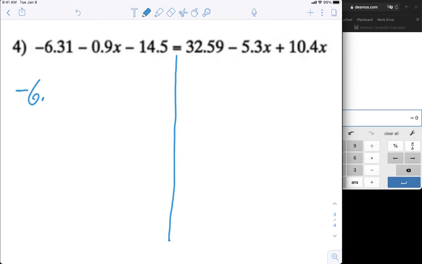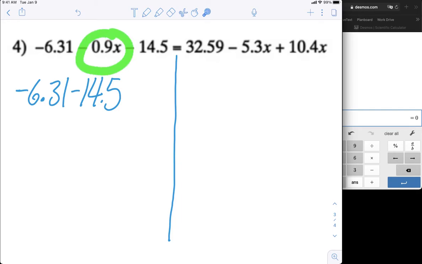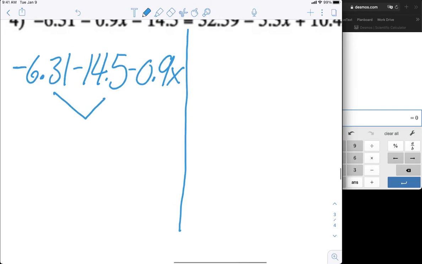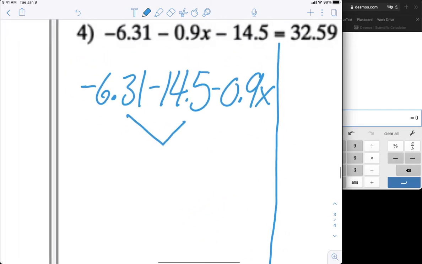Negative 6.31 minus 14.5. And I still have my negative 0.9x, so negative 0.9x. But what's cool about this is, look, these two are like terms because they're just regular numbers.